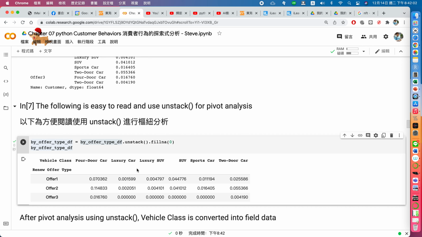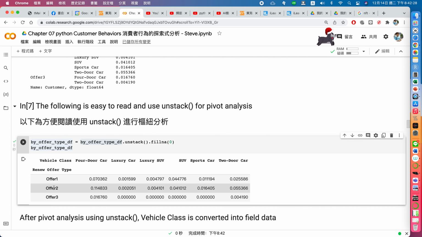When you run these commands, you can get this pivot analysis with renew over time and with the vehicle class. So you get 3 types of offer and 6 classes for your car class. 1, 2, 3, 4, 5, 6.